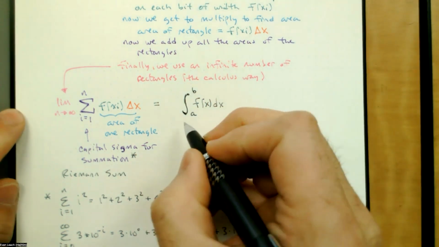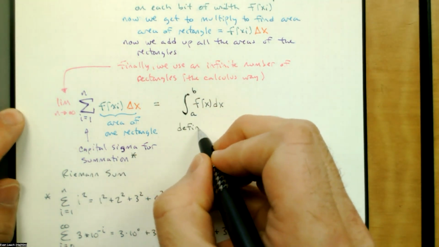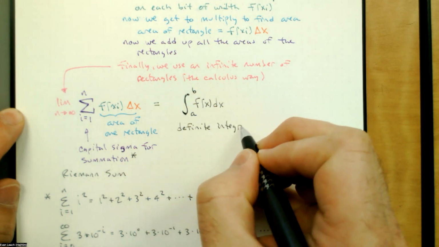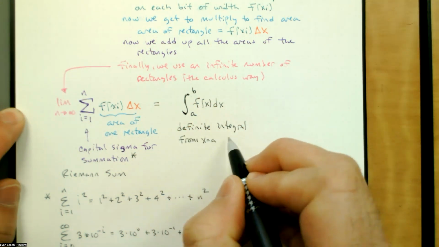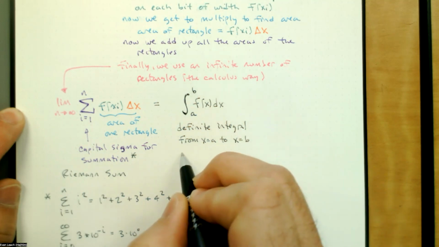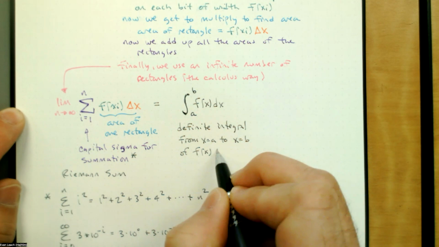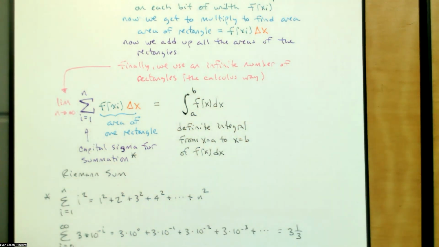So this symbol is the definite integral of f of x dx from x equals a to x equals b.